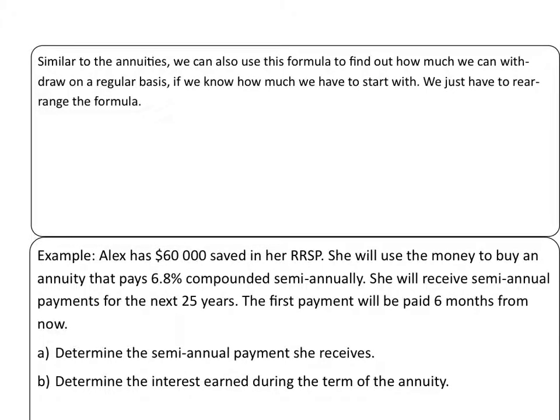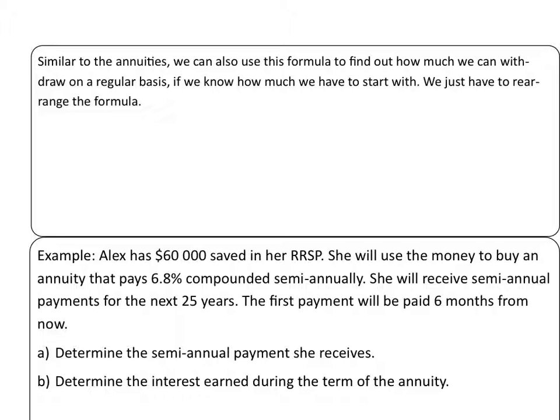Alright, so similar to annuities, we can use this formula to find out how much we can withdraw on a regular basis, which is more like what you'd want to do, because we've saved all this money and we know how much there is. So it's good to get an estimate of what I can actually take out, for how long I think I'm going to need to take it out.